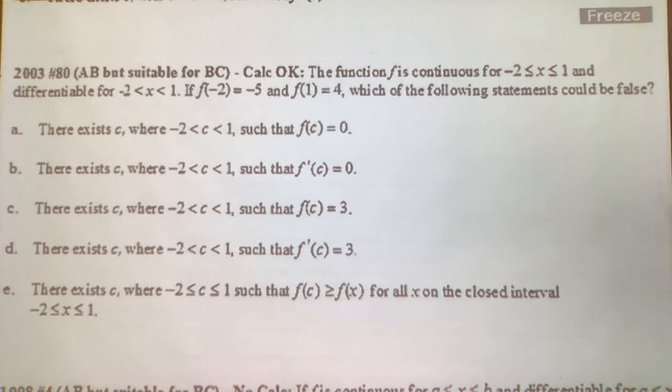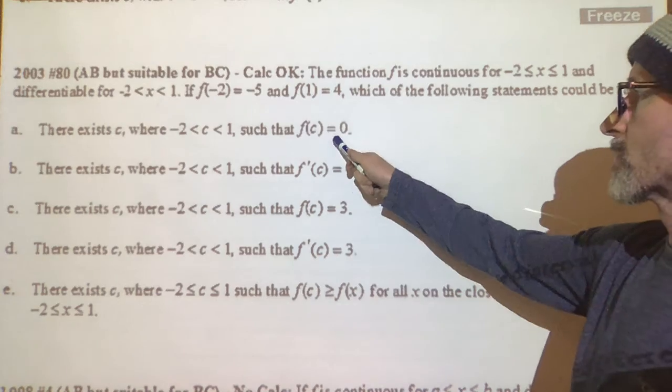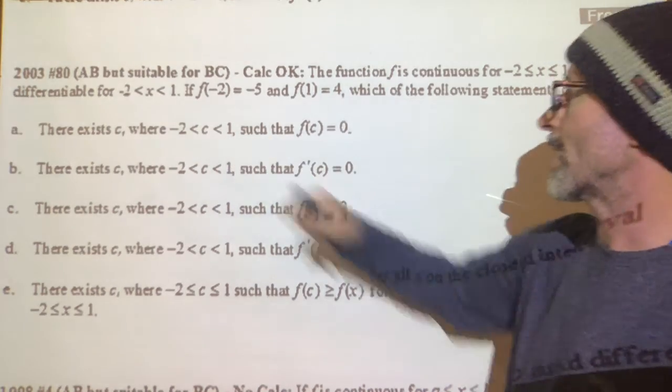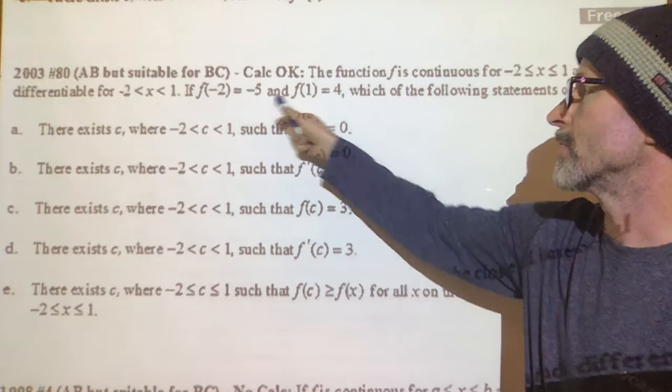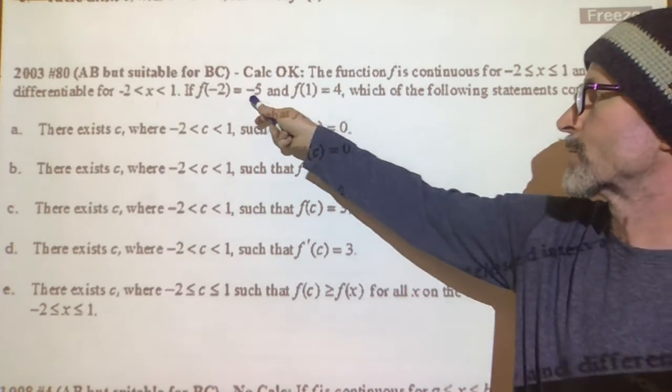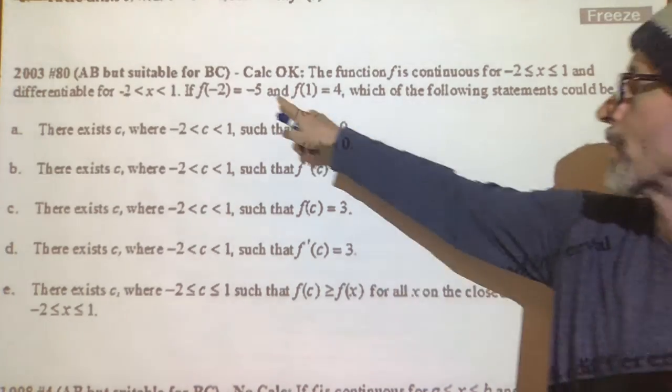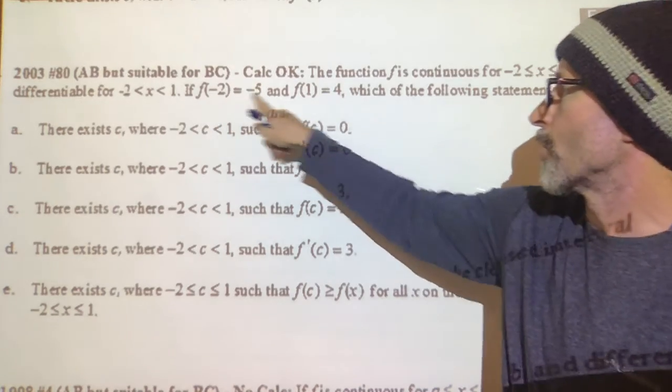Okay, first off, we're saying there exists a number where the slope's 0 between -2 and 1. How do we know that? Seems the average rate of change is positive. In fact, the average rate of change between these 2 points would be going up 9 while the run is 3.